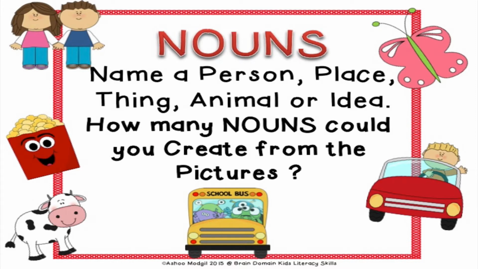So they raise their hand and tell me, they brainstorm, and they really love it. They love looking, and their curiosity is aroused and trying to guess how many nouns they can figure out in this picture. Similarly, I have the posters for adjectives, verbs, and adverbs.